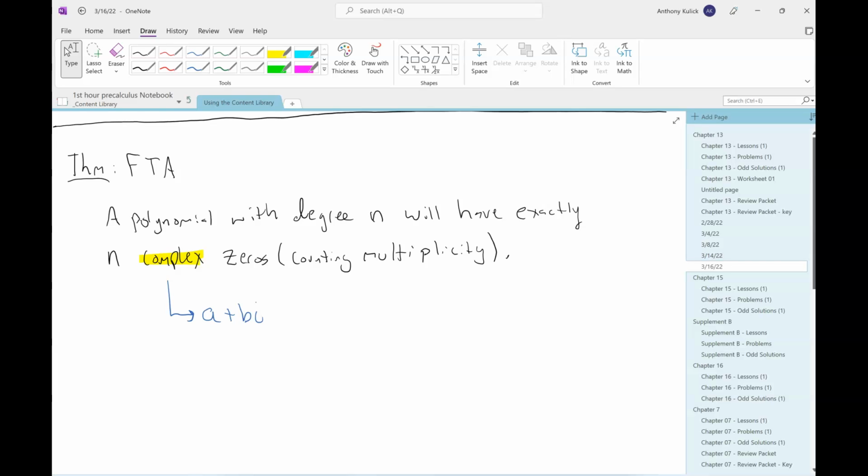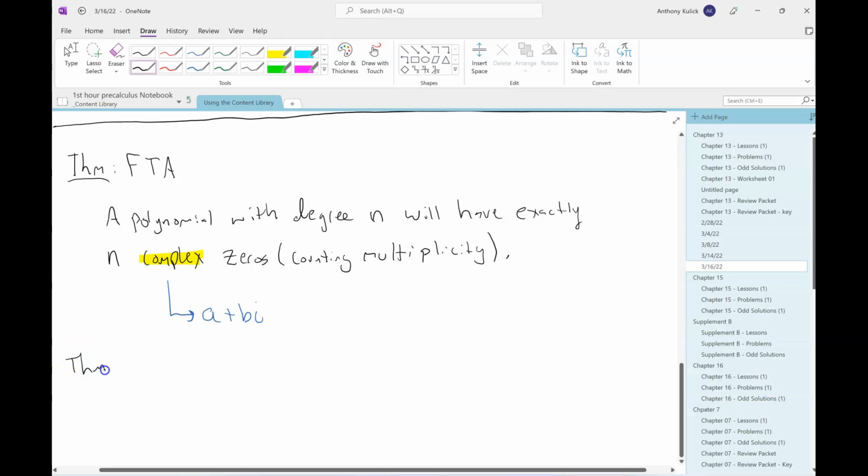So the next piece that we have is another theorem. This theorem is called the complex conjugates theorem.